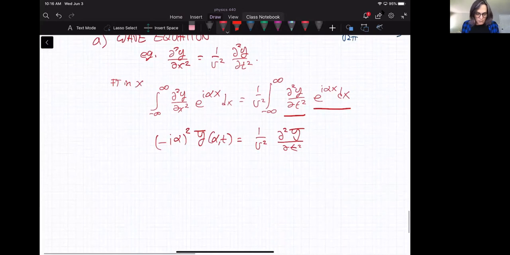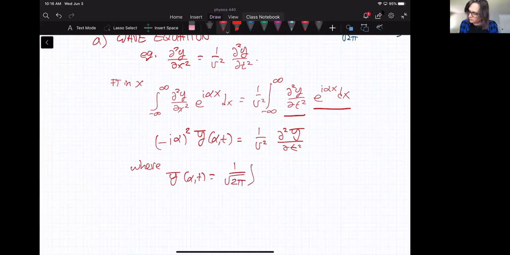Where capital Y of alpha t is now 1 over root 2 pi times the integral from minus infinity to infinity of y of x t e to the I alpha x dx.